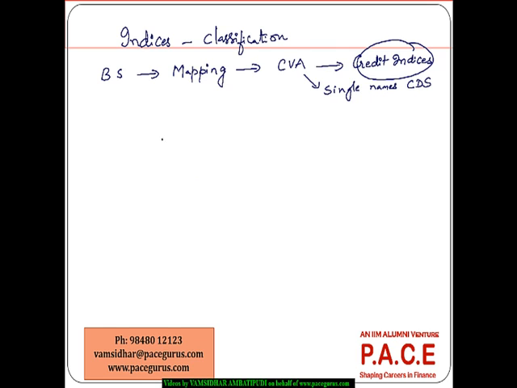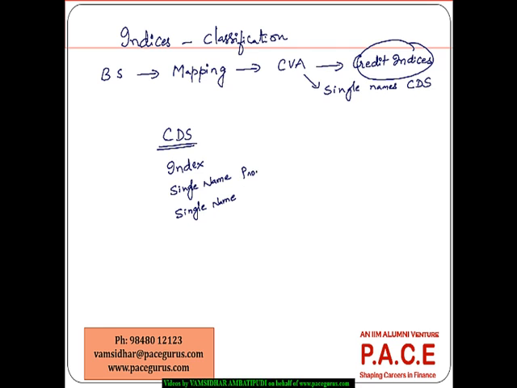So I can do the classifications like, okay, at a CDS level, I can very well look at the CDS. What is the proxy, right? Is it the index that is the proxy, or can I look at single name CDS proxy, or if it is directly traded, I could look at single name itself.